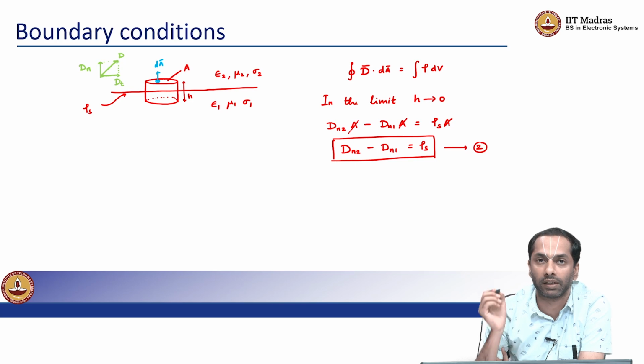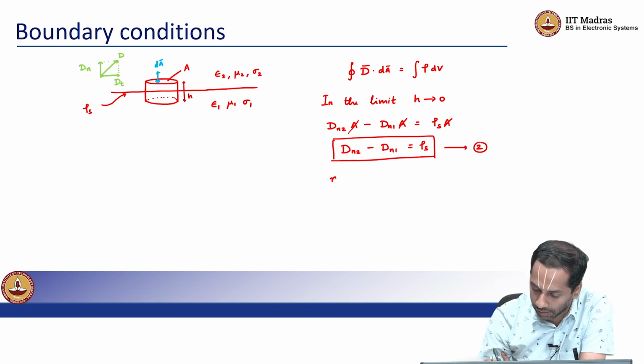Second boundary condition, and this of course can be generalized to saying that n cap dot d2 minus n cap dot d1 is equal to rho s.